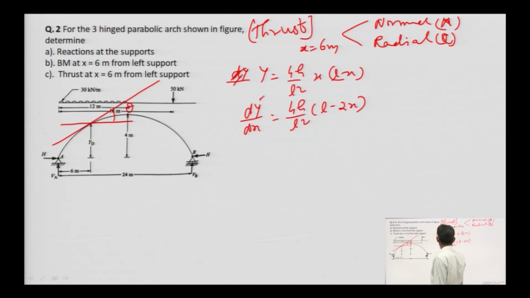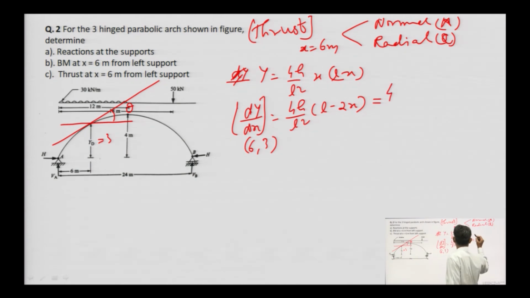So, dy by dx at x is equal to 6, y is 3. We put the value of x as 6 and y as 3, because we have calculated it as 3.